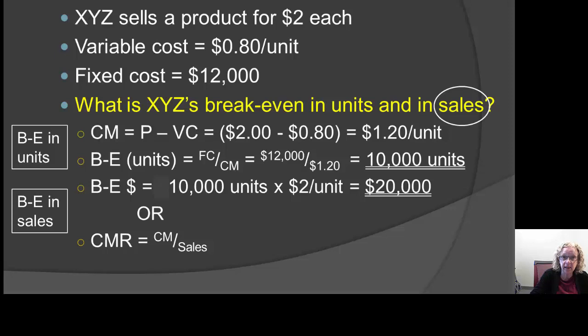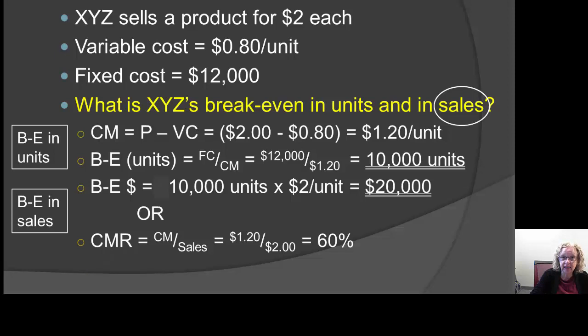Another way to solve this problem would be to use contribution margin ratio. The formula is contribution margin divided by sales. For this product, that's $1.20 contribution margin divided by $2 selling price. That gives us a contribution margin ratio of 60%.